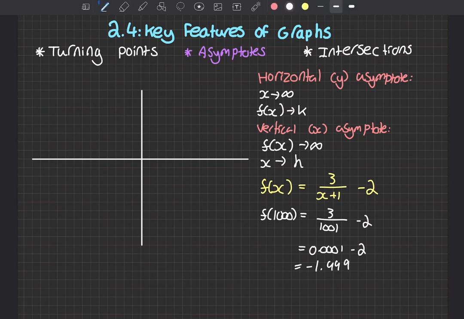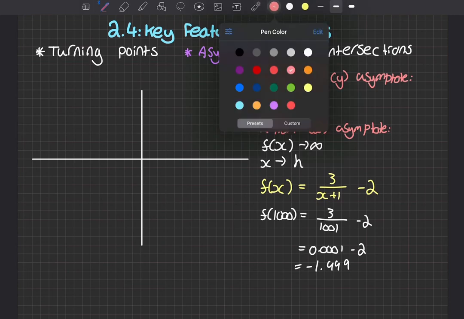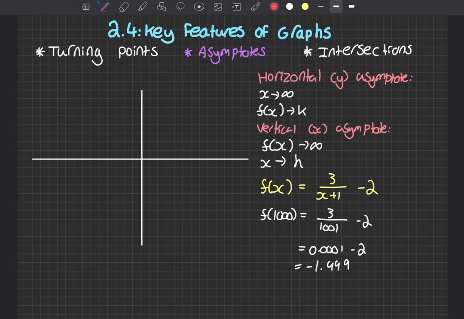So as x becomes a really big number, your y value becomes very close to minus 2, but it never becomes minus 2. So you'll have a y asymptote at y equals minus 2. Or basically, y cannot be minus 2. Y gets very close to minus 2, but it'll never actually be minus 2.